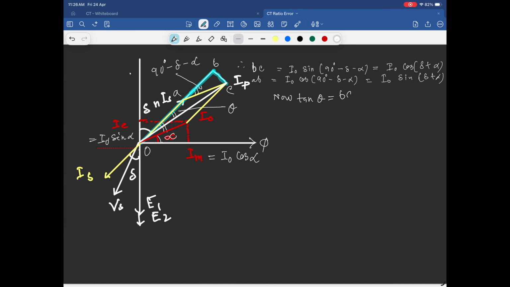Now putting all these values, I can write the expression of tan theta. So tan theta is equal to BC by OB, which is BC by OA plus AB. So this is equal to I0 cos of delta plus alpha divided by NIS plus I0 sin of delta plus alpha.